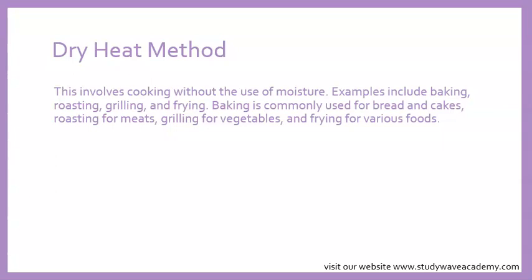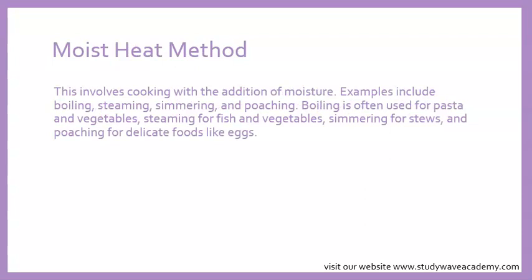Do we understand? Okay, so now that we have mastered the art of cooking with dry heat, let's dive into another kitchen superpower, okay? Moist heat method. This involves cooking with the addition of moisture.